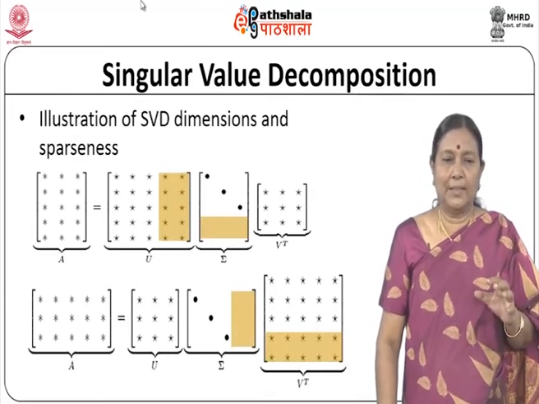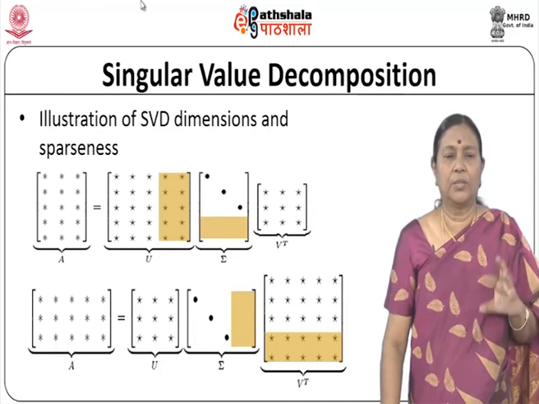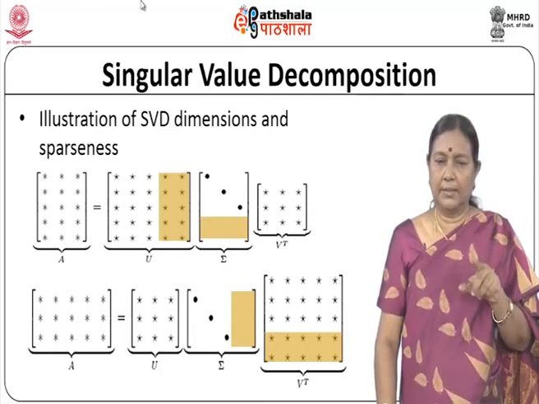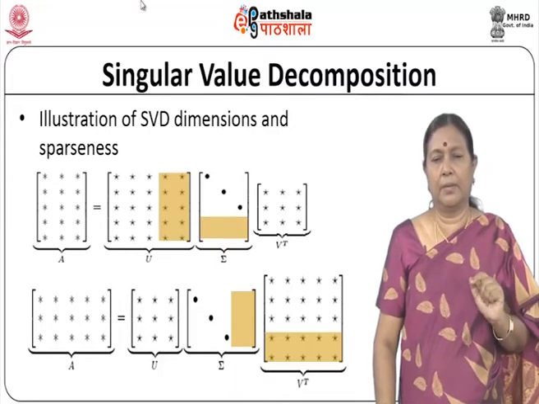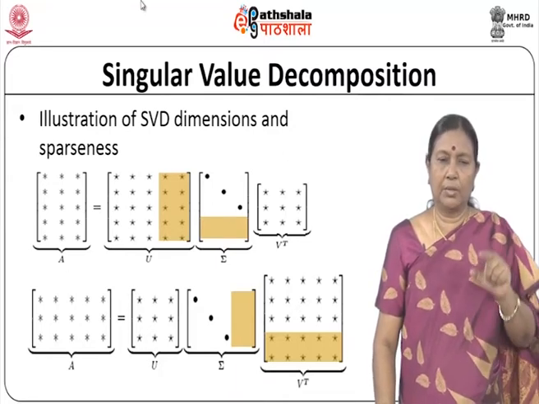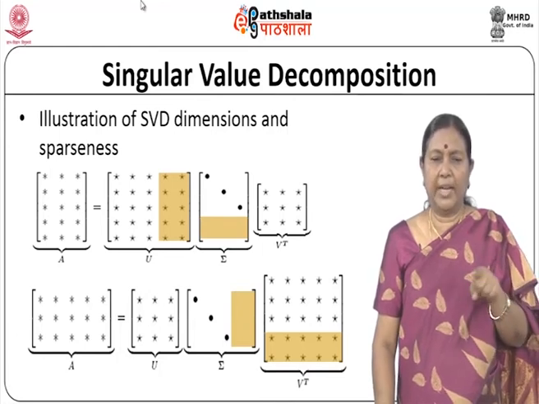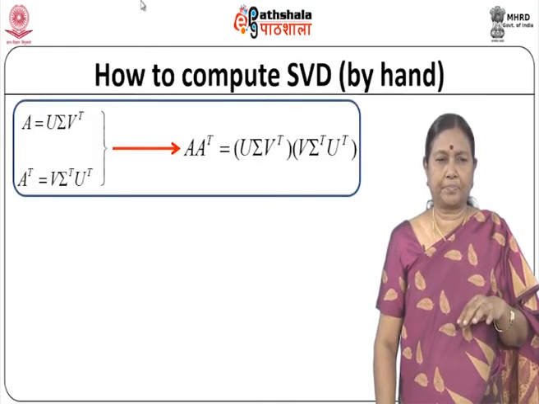Just to understand this, we are not going too much into detail. A is given here, U is given, sigma is given, and V transpose is given. Sigma is that diagonal, and then you have these three values.